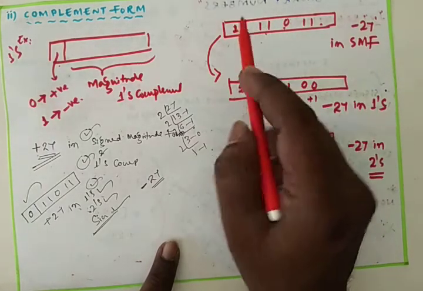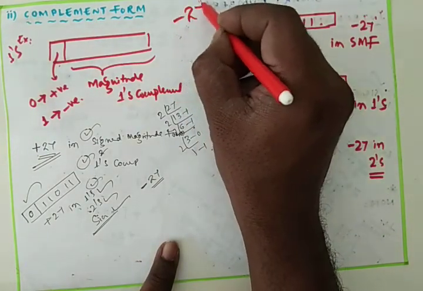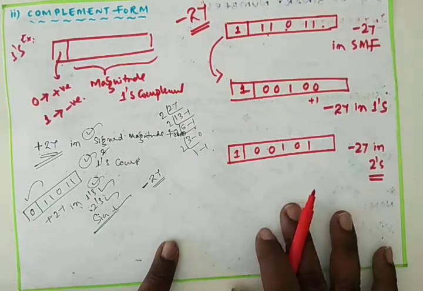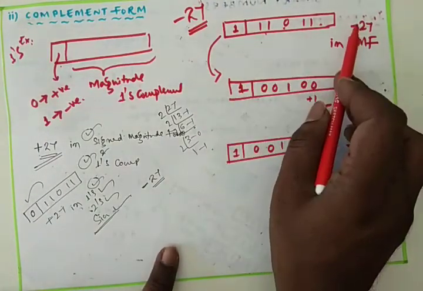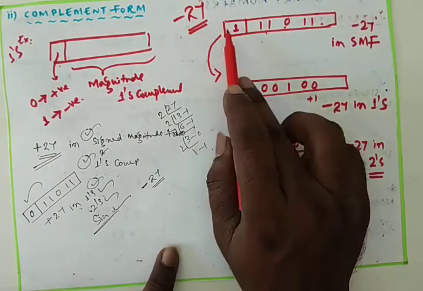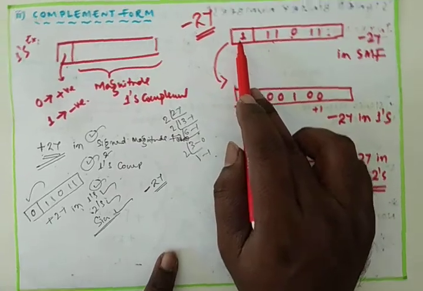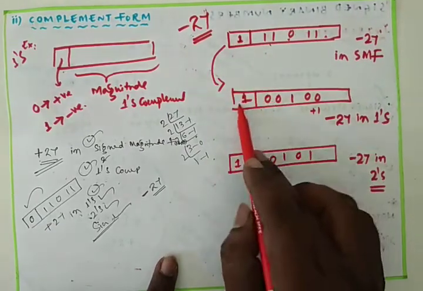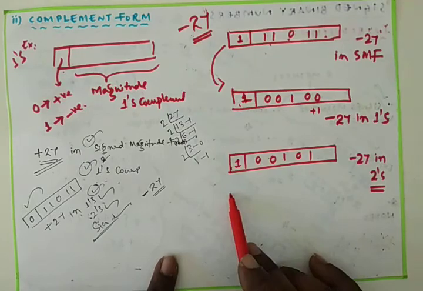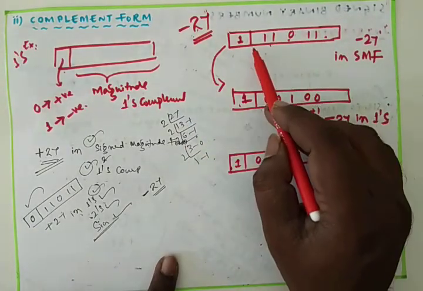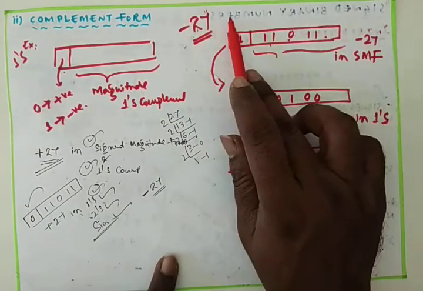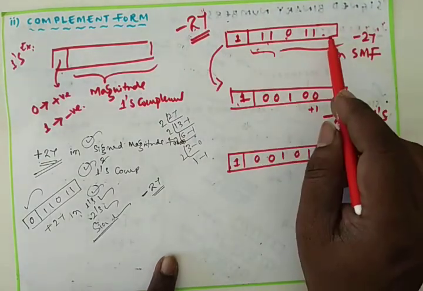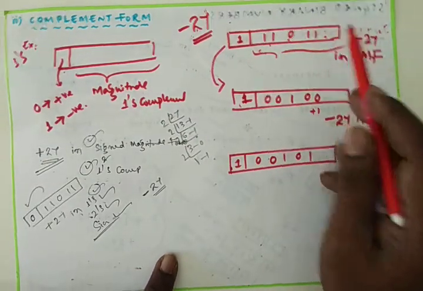Now see this one. Now we have represented minus 27. Minus 27 in sign magnitude: minus is represented with the sign bit, that is 1. Then 27 in sign magnitude form is simply converted into binary, so that it is minus 27 in sign magnitude form.